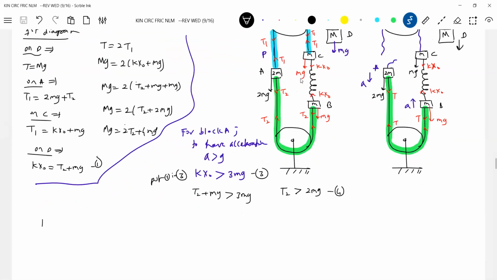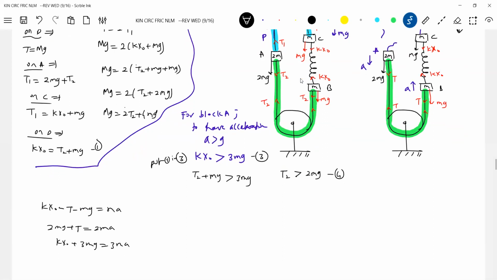Write down the equation. kx naught minus T minus mg equals some ma, 2mg plus T should be equal to 2ma, kx naught plus 3mg equals 3ma. So what is the basic necessity for acceleration? It should be greater than g. Not plus, required mg, sir. kx naught plus mg equals 3ma. Addition wrong.